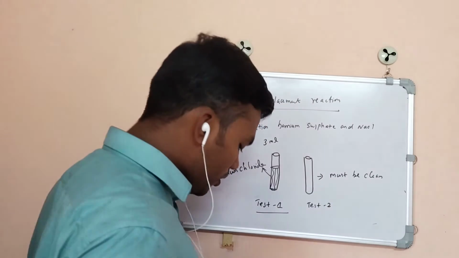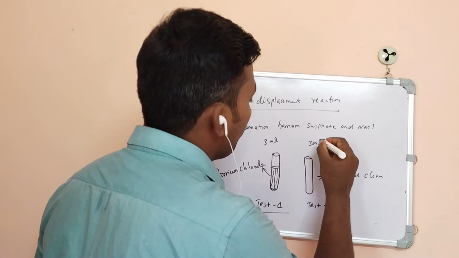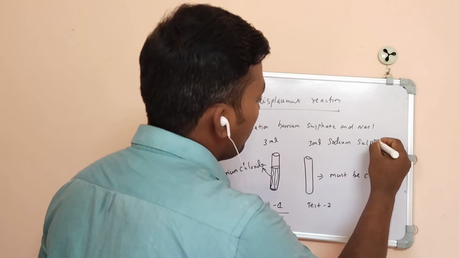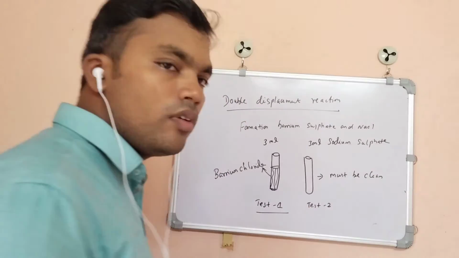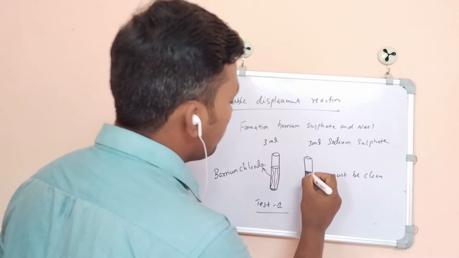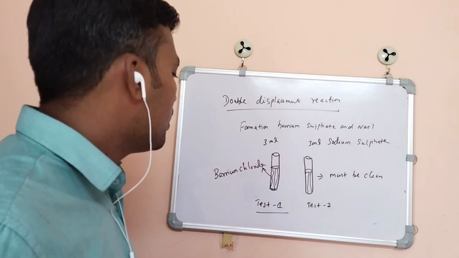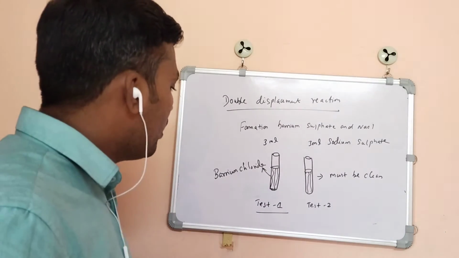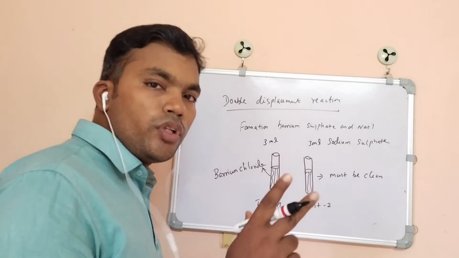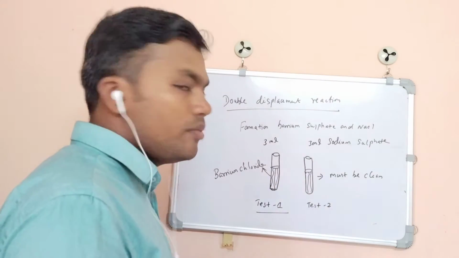In test tube 2, take 3 ml of sodium sulfate. Now you have two test tubes which contain 3 ml of barium chloride and 3 ml of sodium sulfate.